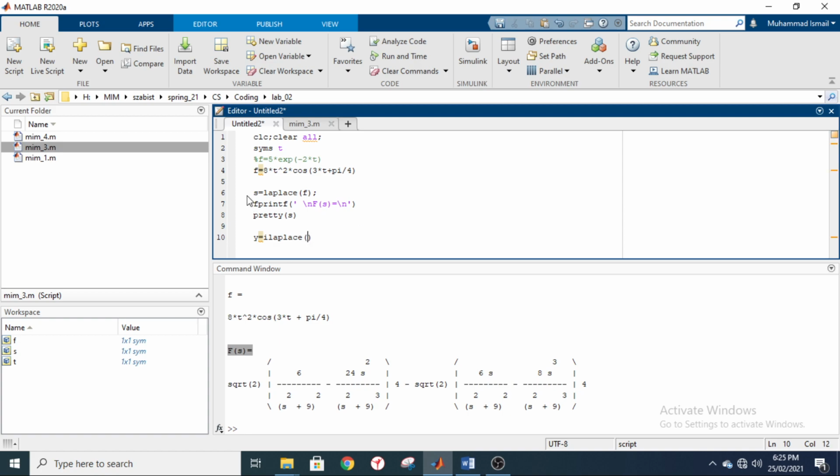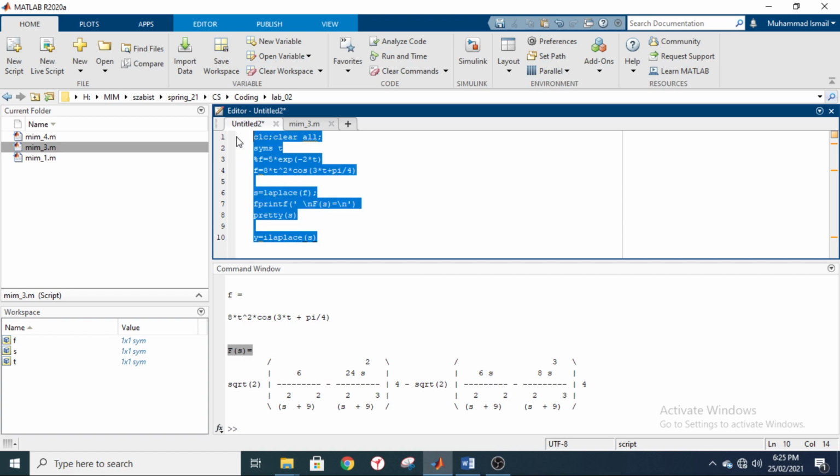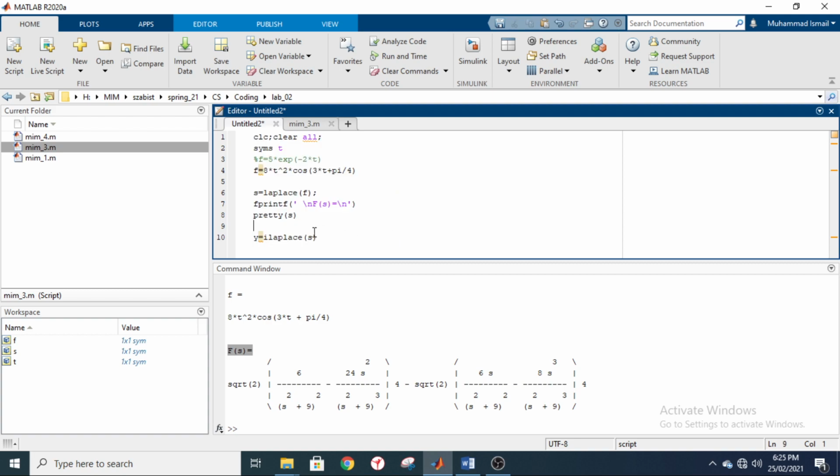In this case you have S. S is the main expression that we have found by using Laplace. So let me run this and see.